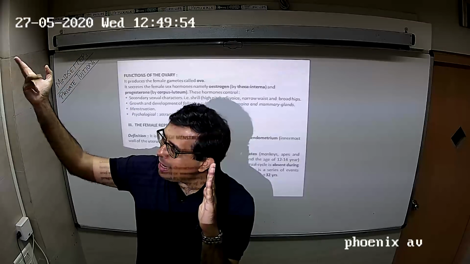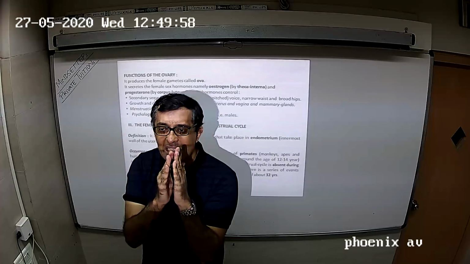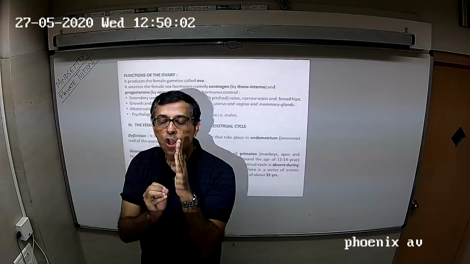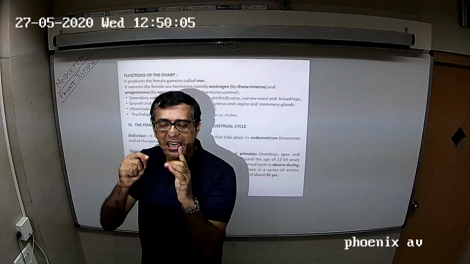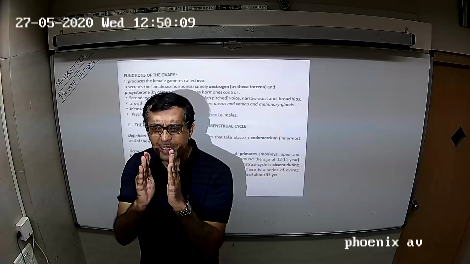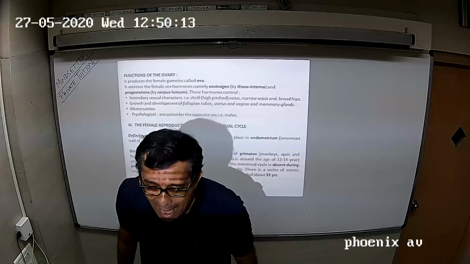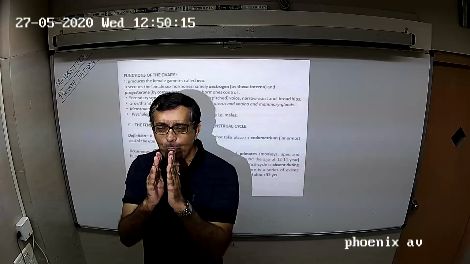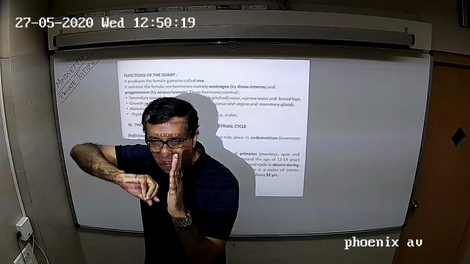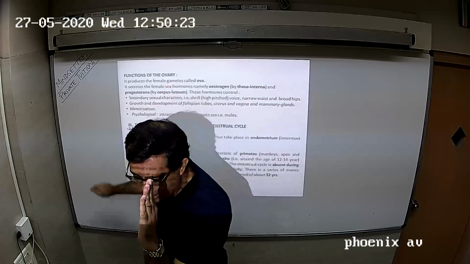The egg starts passing in the fallopian tube, and the endometrium starts becoming thick. Mucus is secreted, uterine milk is secreted, blood vessels become coiled, the endometrium becomes thick. In other words, the endometrium gets prepared. But an unfertilized egg drops on the endometrium, and once again the endometrium bursts.